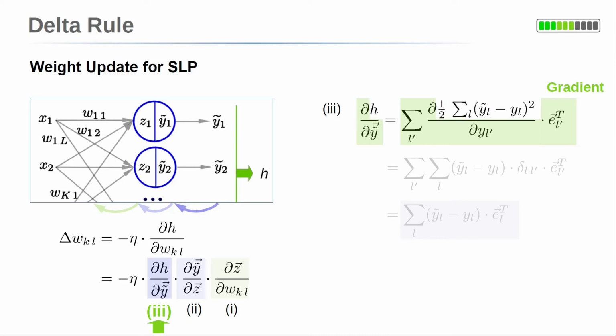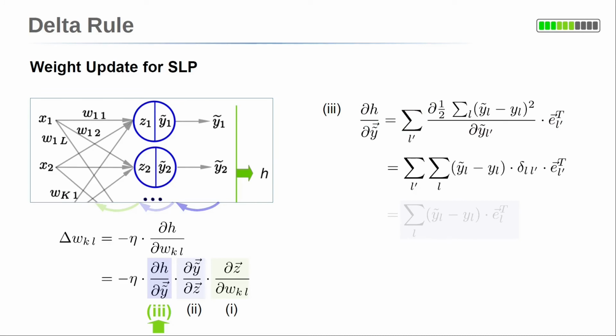The gradient with respect to the vector y tilde is expressed by the sum over all components L prime of the derivative times the unit vector EL prime transpose. The vector is transposed to represent the row vector of the gradient.